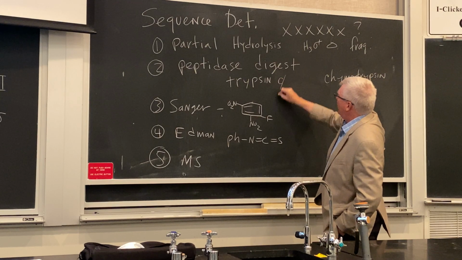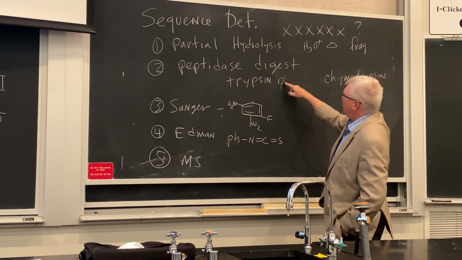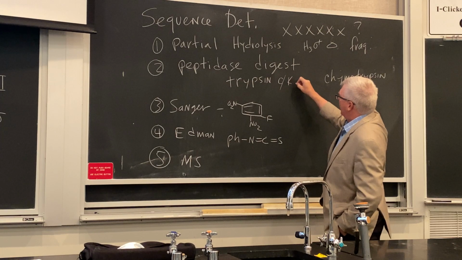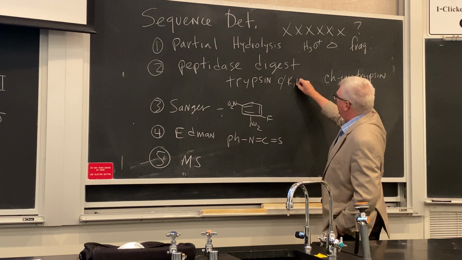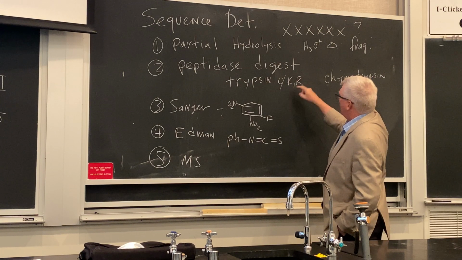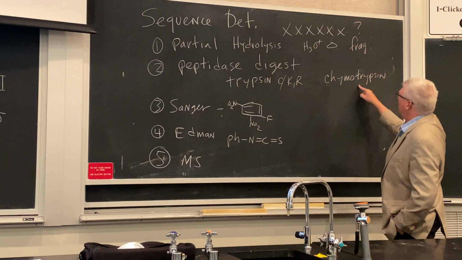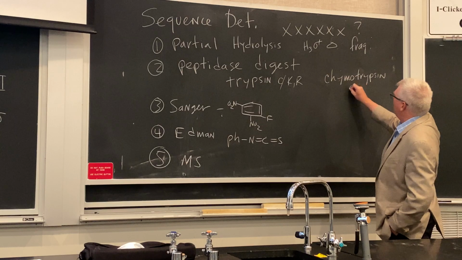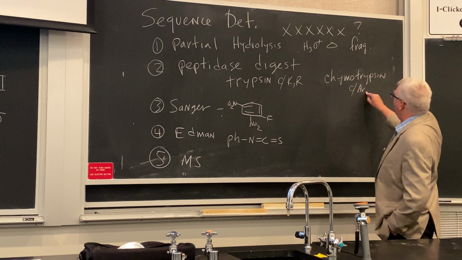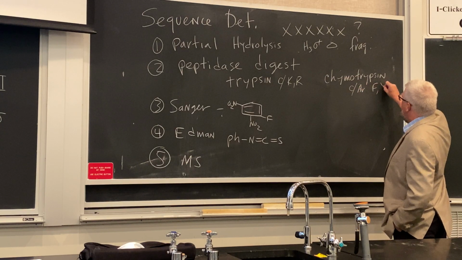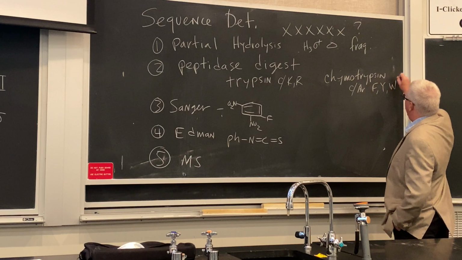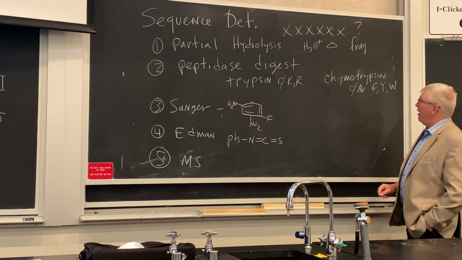So trypsin is on the C-terminal side of what? Lysine and arginine. So those 2 amino acids on the C-terminal side with the trypsin. Chymotrypsin is on the C-terminal side of the aromatic amino acids. So phenylalanine, tyrosine, and tryptophan, the big aromatic ones.